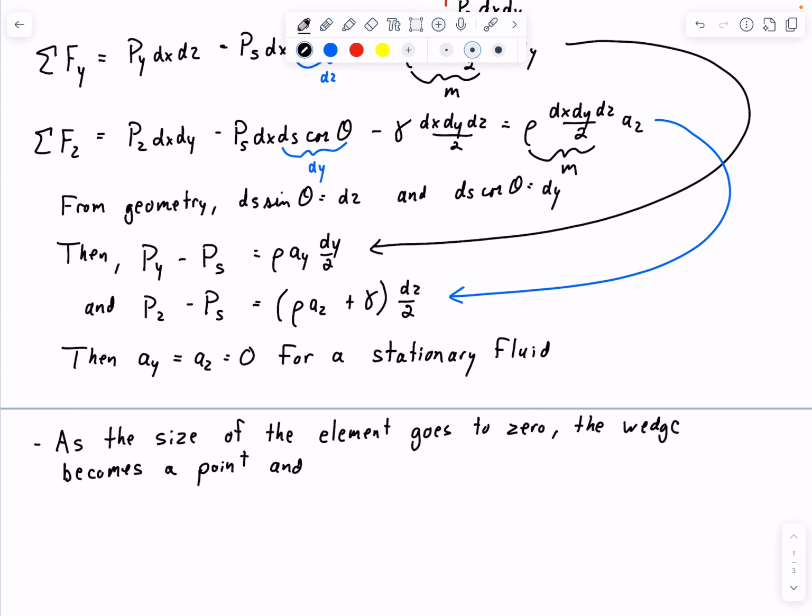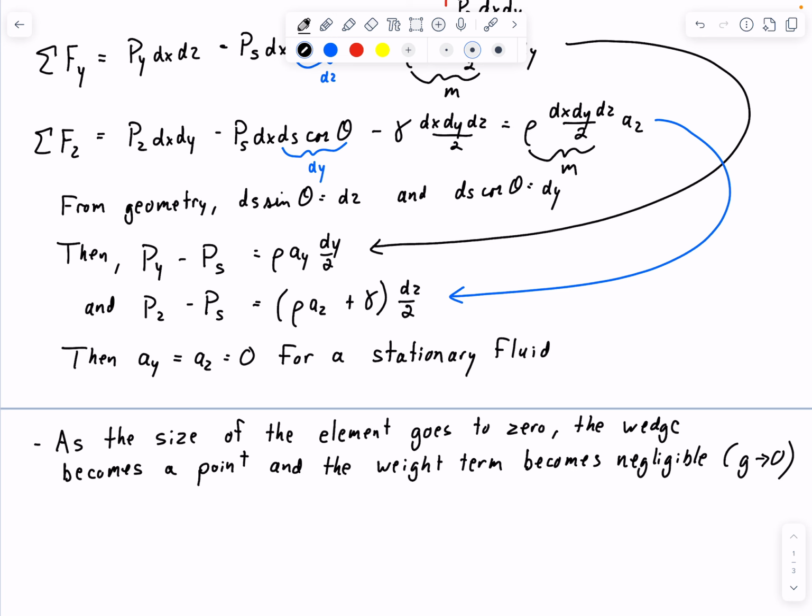And when this happens, the weight term involving gamma becomes negligible. So effectively, gravity, we're saying, goes to 0, which means gamma goes to 0 as well.